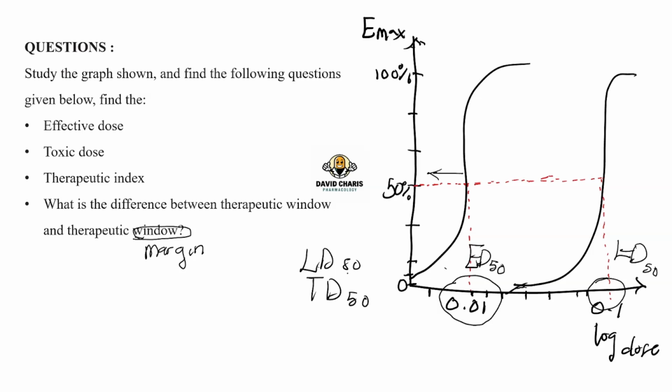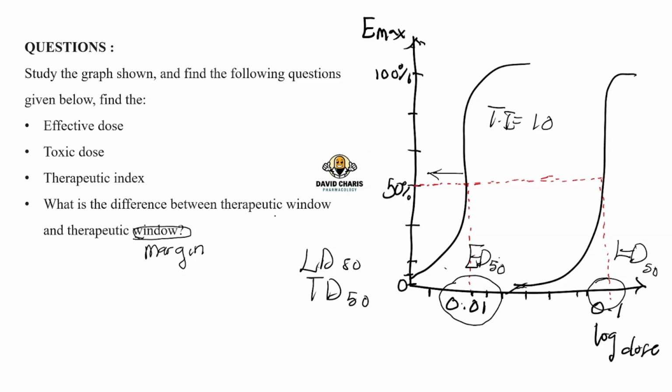That means you can use them for the same thing. You can use them for the same definition. Still means the same thing. But the therapeutic index in this case is 0.1 divided by 0.01. That's the LD50 over ED50, and the answer is 10. So the TI is going to be 10.